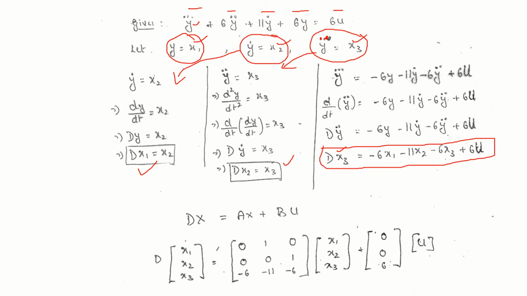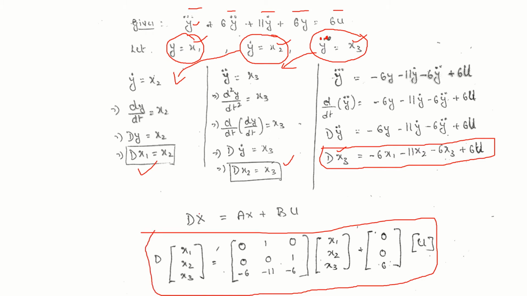Once you have the state equations, as I explained earlier, get the state model. X means x1, x2, x3. There is only one input, that's why u. First equation, the x1 coefficient is 0, the x2 coefficient is 1, x3 is not there. Second equation, x1 is 0, x2 is 0, x3 is 1.